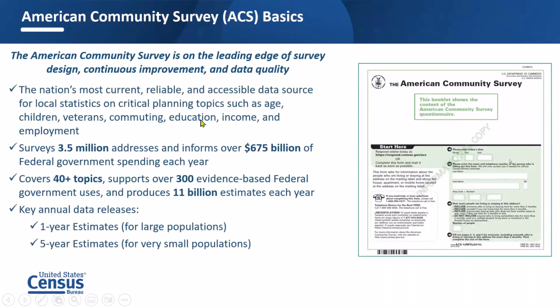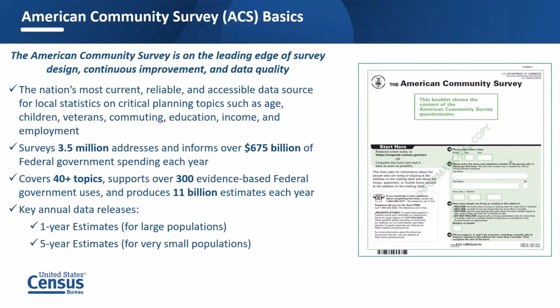So the American Community Survey is the nation's most current, reliable, and accessible data source for local statistics on critical planning topics such as age, children, veterans, commuting, education, income, and employment. It does survey 3.5 million addresses, and it's responsible for over $675 billion of federal government spending each year.